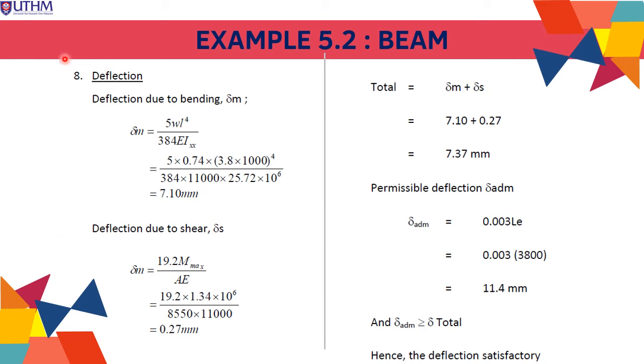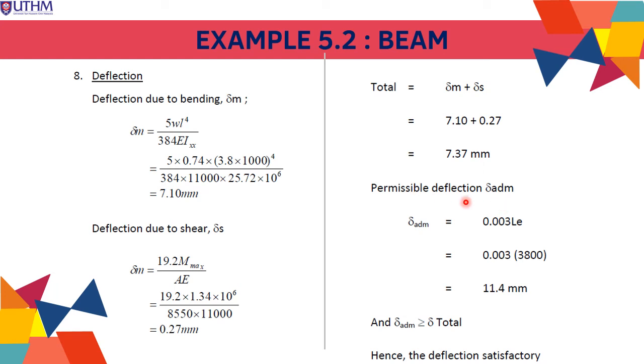We check the deflection for our beam. This is the formula for deflection due to bending. We get 7.1. And for deflection due to shear, we use this formula, we get 0.27 millimeter. Therefore, our total deflection due to bending and shear force is 7.37 millimeter.